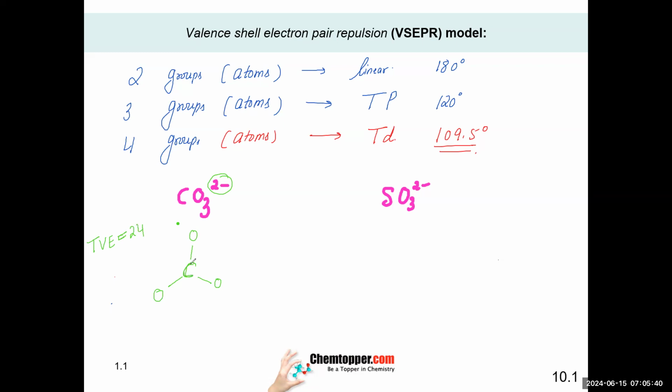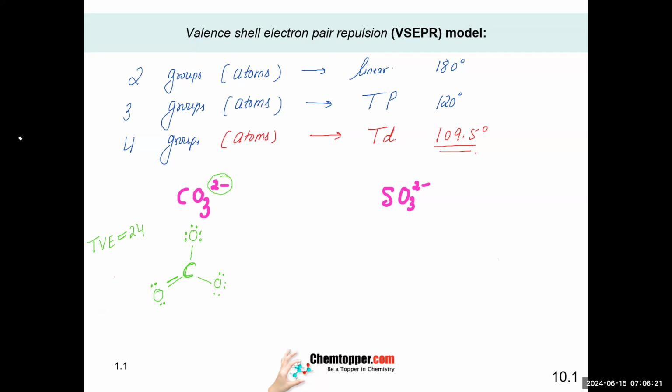Carbon can make maximum how many bonds? Oxygen can make maximum how many bonds? So I'm free to make a double bond, right? And complete the octet of oxygen. Do you think other oxygens can make double bonds with carbon? So what are you going to do? Don't make double bonds. Amodita, are you understanding this? Then if I don't make double bonds, check the formal charges on each oxygen.